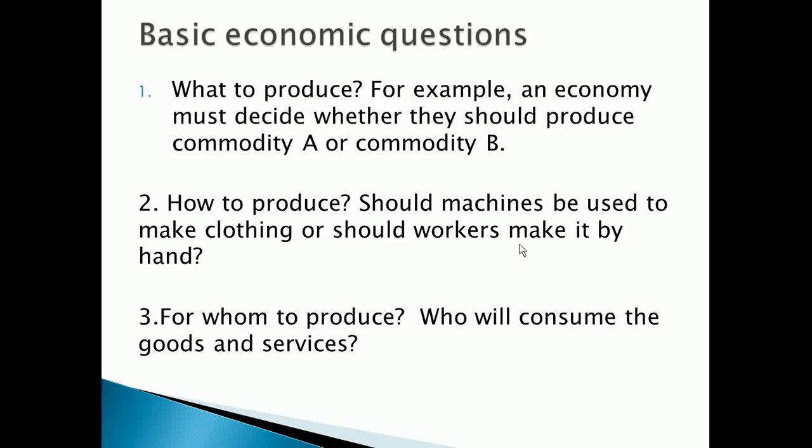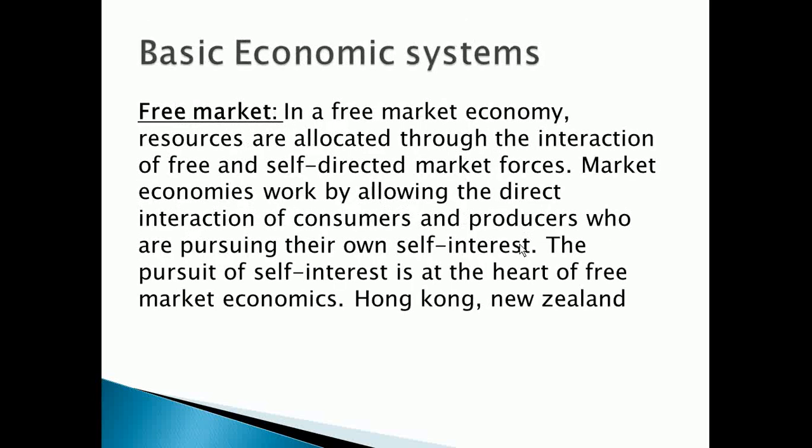The basic economic questions are answered by the basic economic systems. Number one, free market. In a free market economy, resources are allocated through the interaction of free and self-directed market forces of demand and supply. It's an economy characterized by economic freedom, competition, because we have more than one producer, private ownership of properties, profit motive.